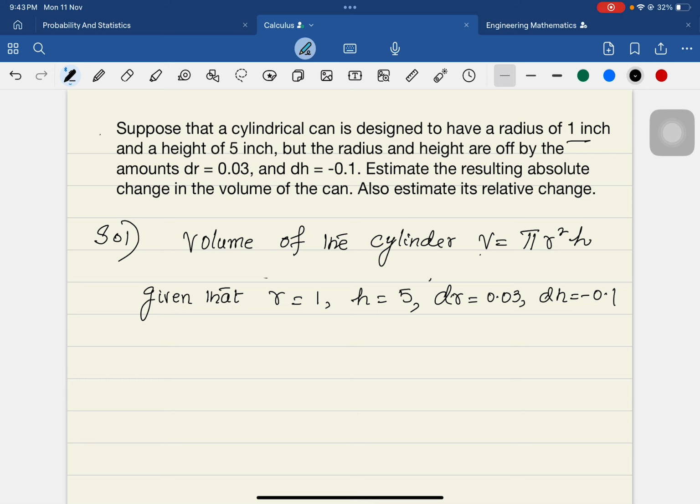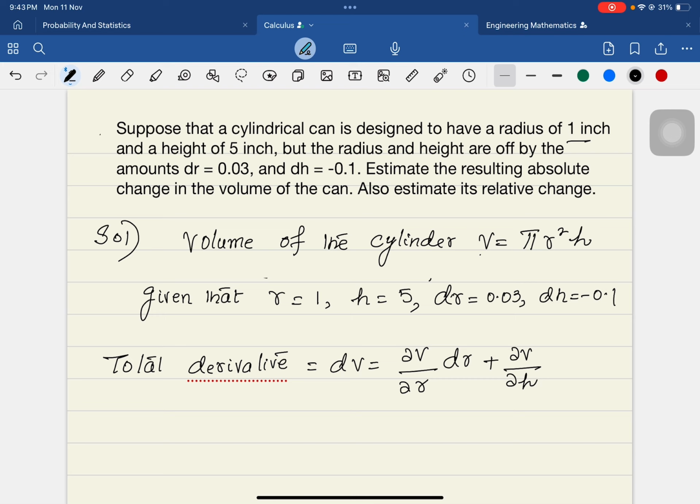So these are given in the problem. Now what is the total error or the total change or the total derivative? The total derivative is given by dV is equal to dou V by dou r dr, because V is a function of r, and then dou V by dou h times dh, because it is a function of h also.